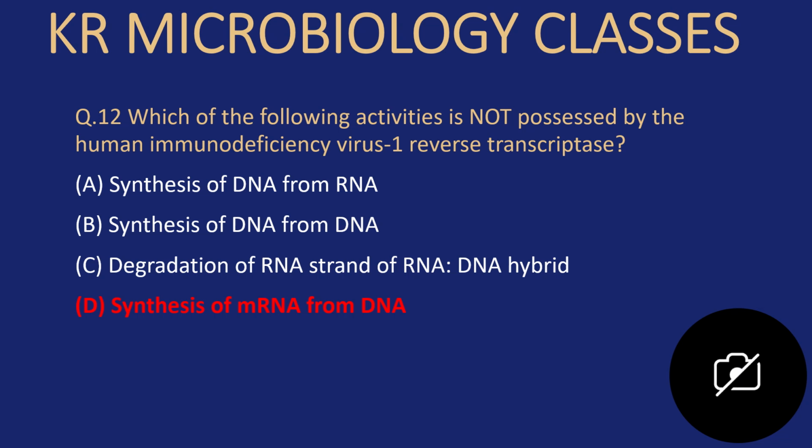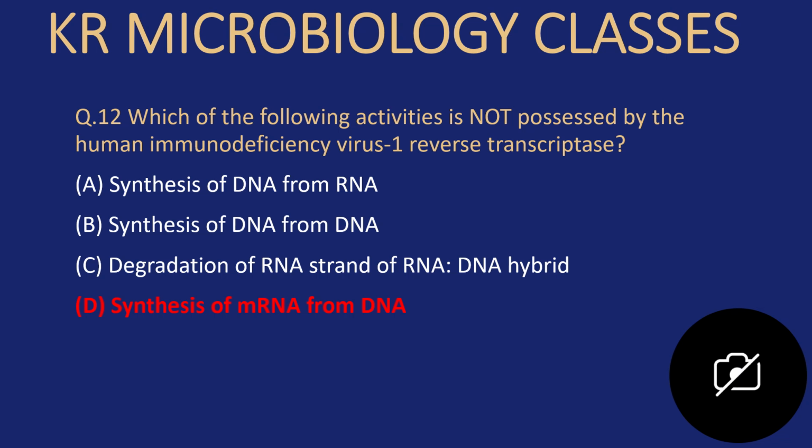Next question: which of the following activities is not possessed by the human immunodeficiency virus 1 reverse transcriptase? So here the question is, what are the functions of the reverse transcriptase? In this case you have to understand that synthesis of DNA from RNA will obviously happen in the HIV virus, and also synthesis of DNA from DNA. Whenever the RNA produces one strand of DNA, that DNA will produce another strand.